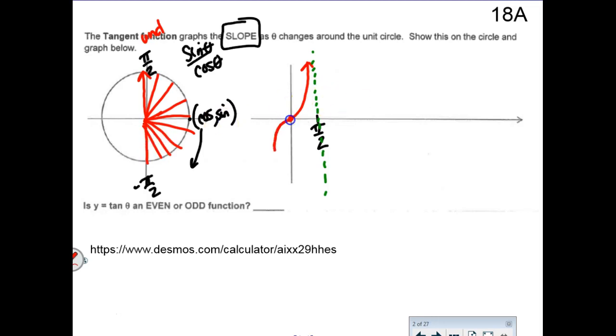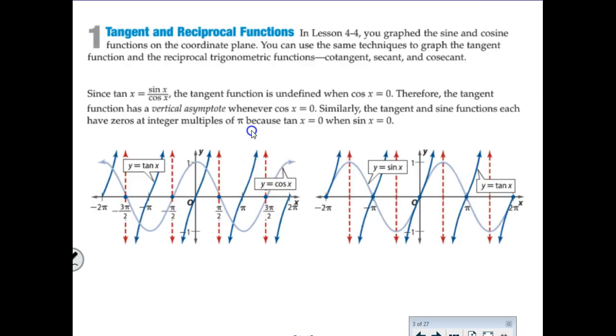So they're doing this until they reach negative pi over 2, where it becomes completely vertical, which means you have another vertical asymptote at negative pi over 2. So that is kind of what tangent looks like. If you want a better picture of what tangent looks like, it looks like that. I don't graph very well. This is not a surprise.